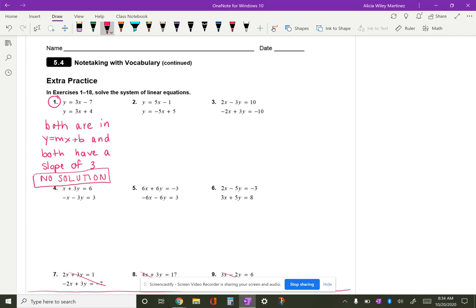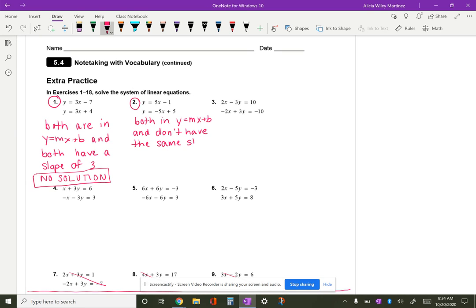Okay. On number 2, I'm not going to solve number 2, but they are both in y equals mx plus b form, right? And they don't have the same slope.